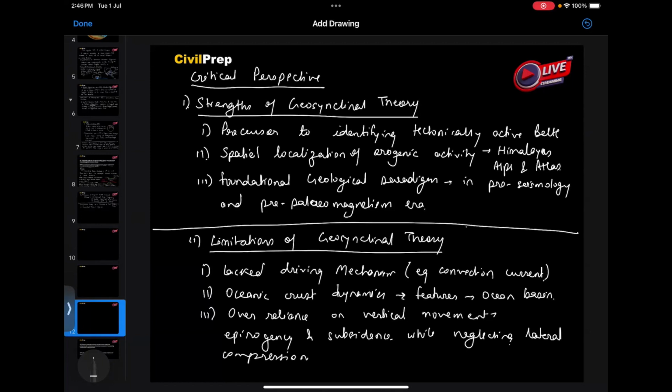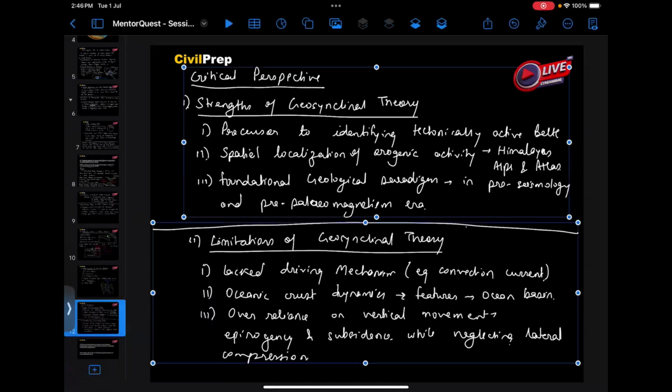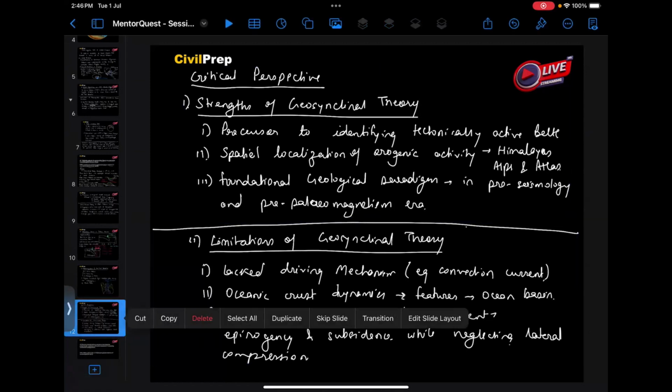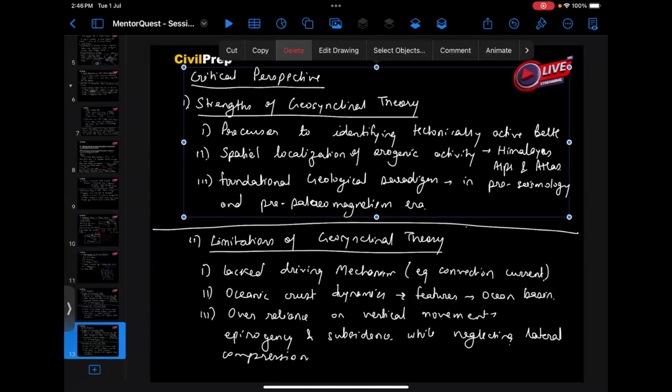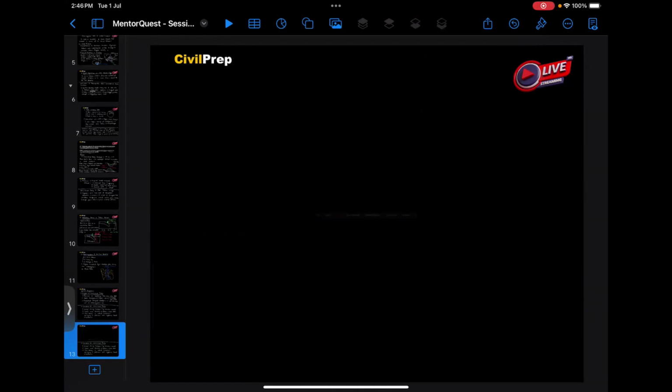So this was another aspect seen as the missing part in this theory, that is, the geosynclinal theory.